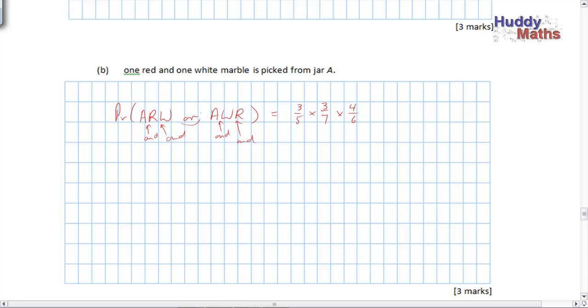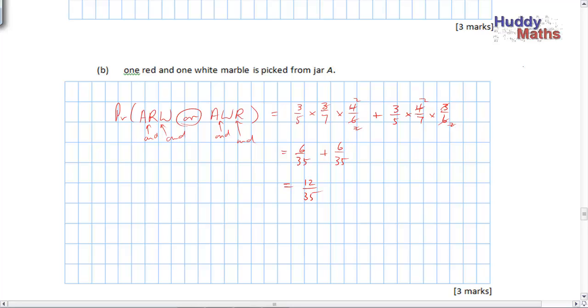So OR means you will add the other possibilities, which is 3/5 by 4/7 by 3/6. And you can cancel some of those out and get 6 on 35 plus 6 on 35 is 12 on 35.